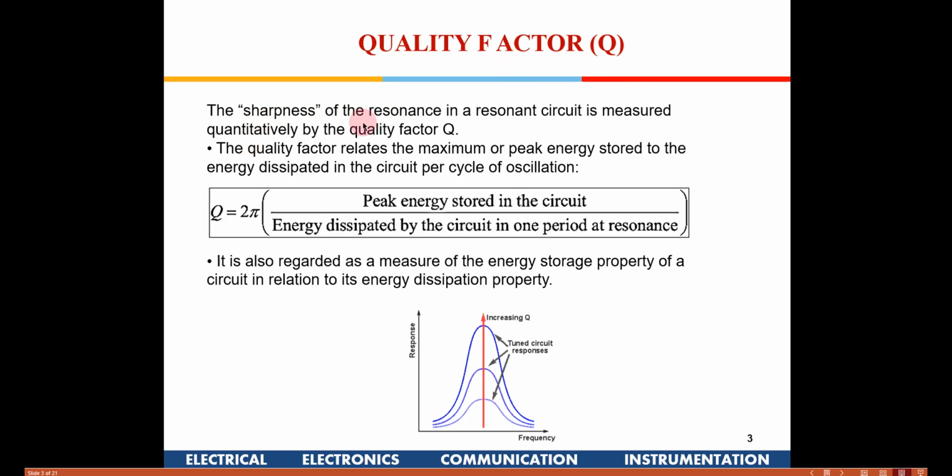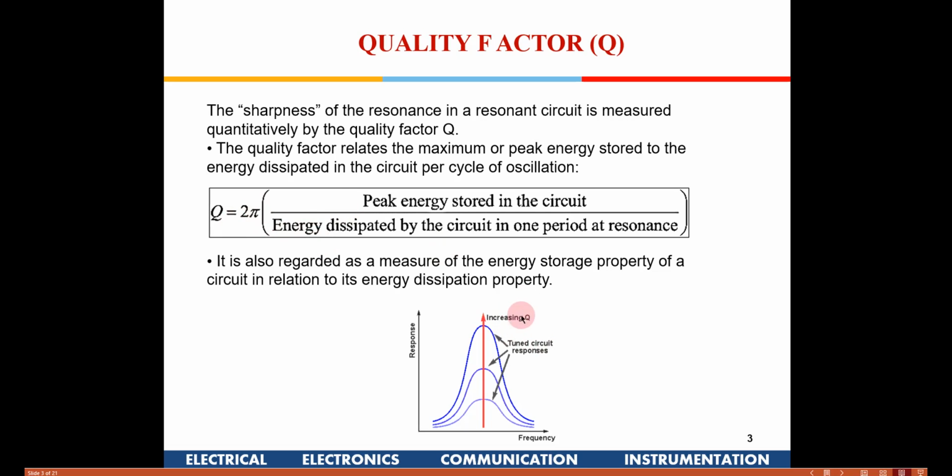The sharpness of the resonance in a resonant circuit is measured quantitatively by quality factor Q. That means this one, which is going up sharp and falling below, whereas the one in the bottom is just slowly rounding off. The one which is rising up sharp and falling, we say it has a higher Q, a higher quality factor. Why we say that, I'll discuss in the next slide.